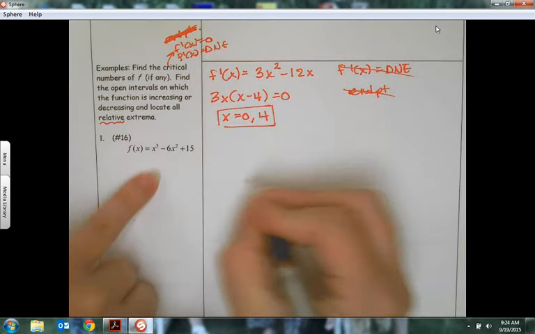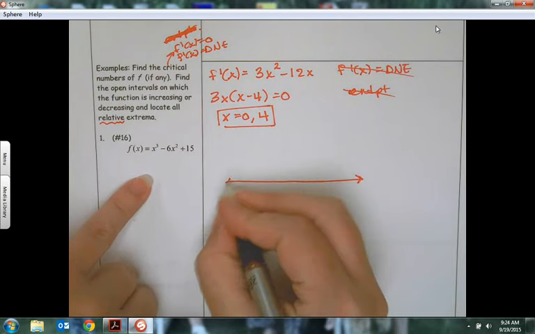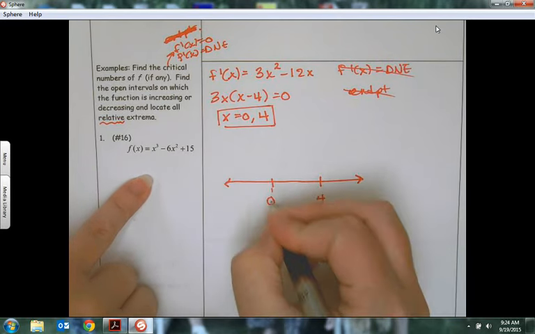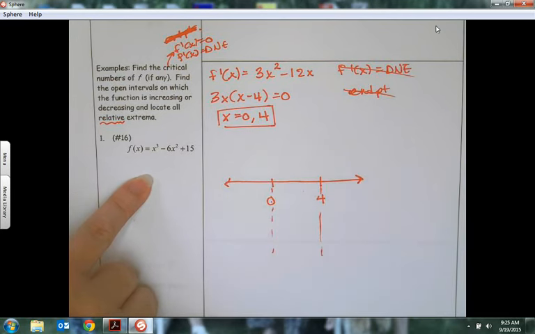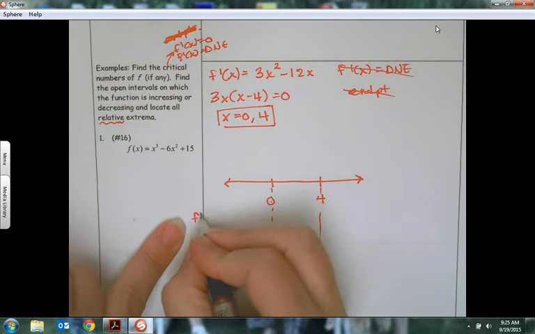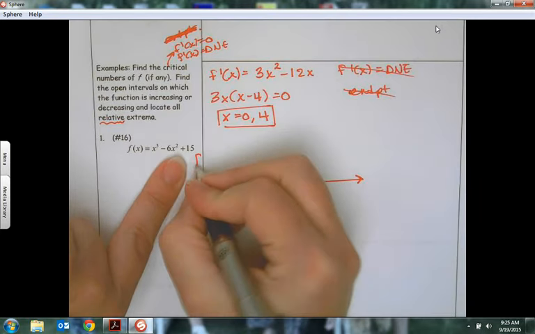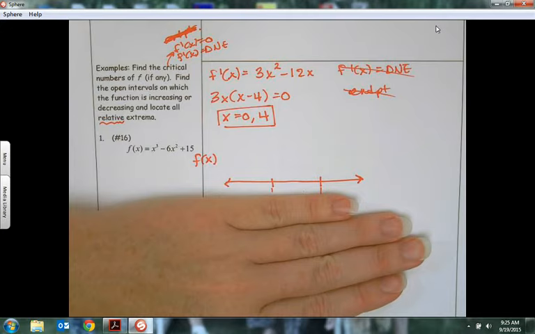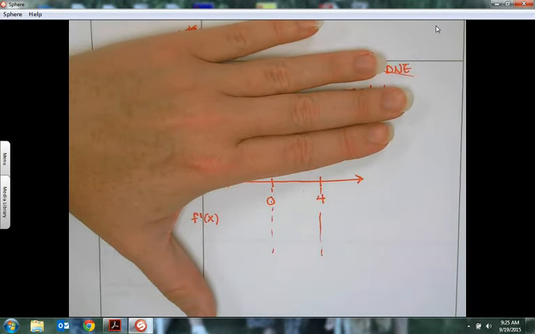So now we're going to set up our number line. We have a 0 and a 4. Down here we're going to talk about f prime of x, and up here we'll talk about f of x. So above we're dealing with f of x, and below we're dealing with f prime of x.